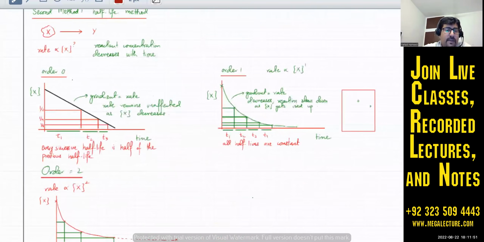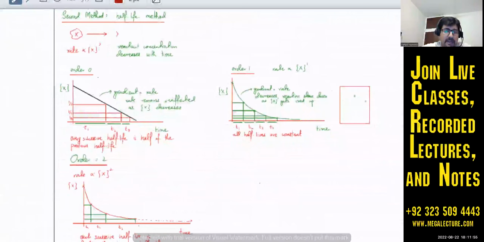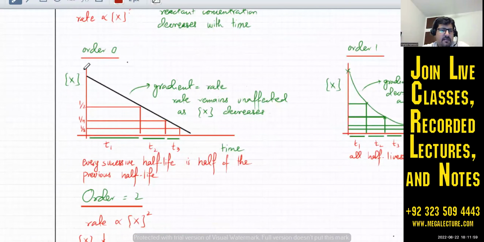There are three ways in which the reactant concentration will decrease. One way is that it will just continue to decrease at a constant speed. That's zero order. That means the decrease doesn't make any difference to the speed. It's going exactly with the same speed, just decreasing constantly.